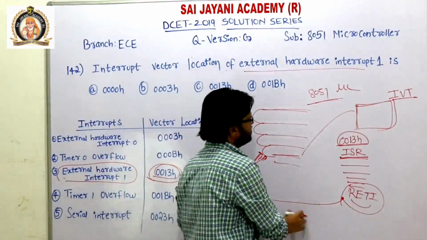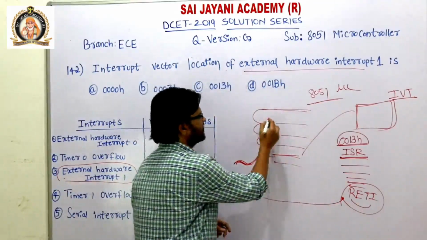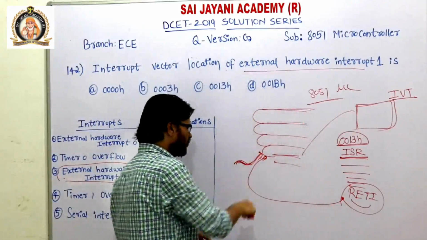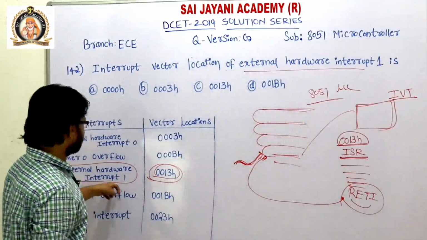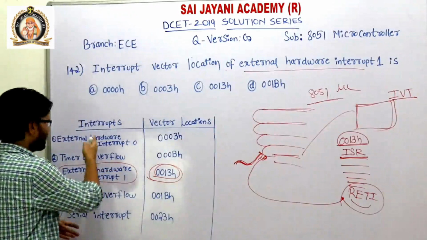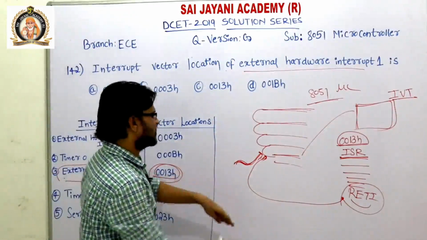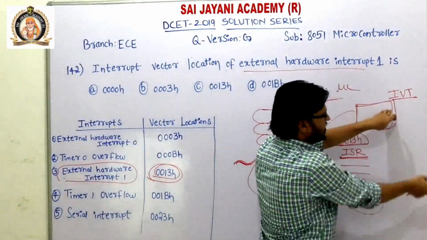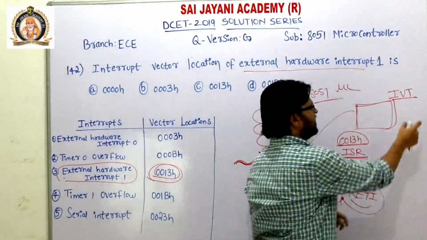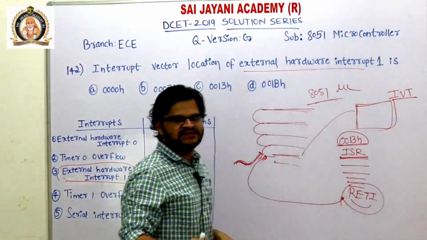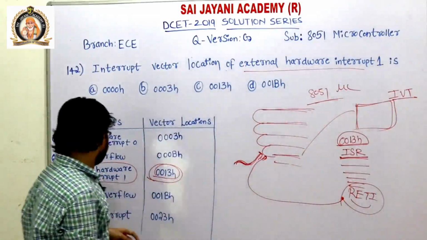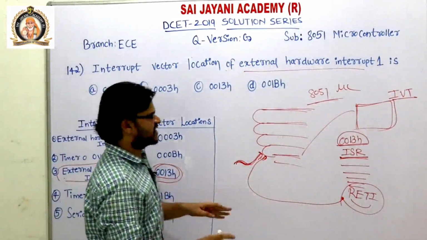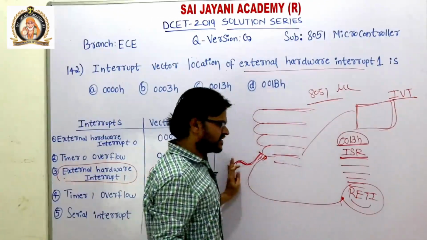I will say it once again: the 8051 starts executing the instructions one by one, and when external hardware interrupt 1, or it may be other interrupts also, is raised, the 8051 microcontroller immediately jumps to the interrupt vector table. In the interrupt vector table we have the addresses of ISRs. Suppose we consider the external hardware interrupt 1 signal is raised.